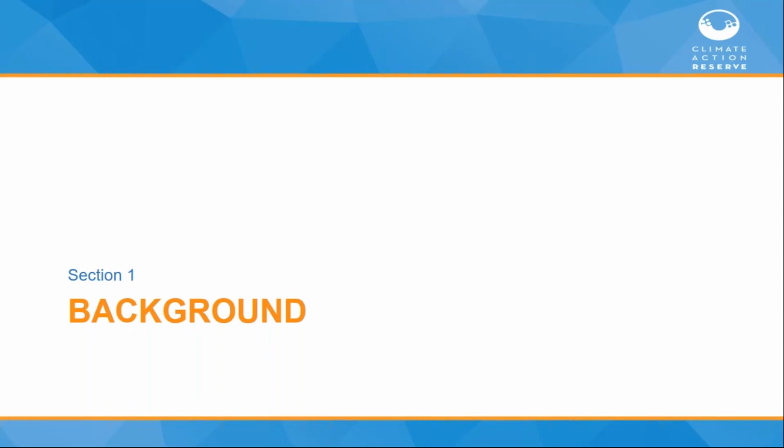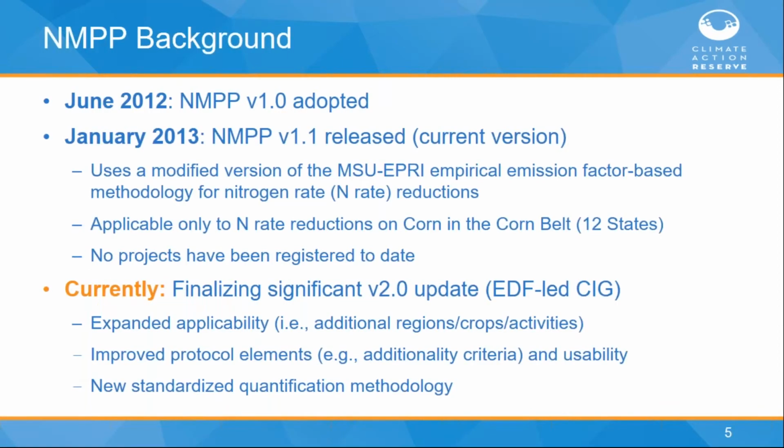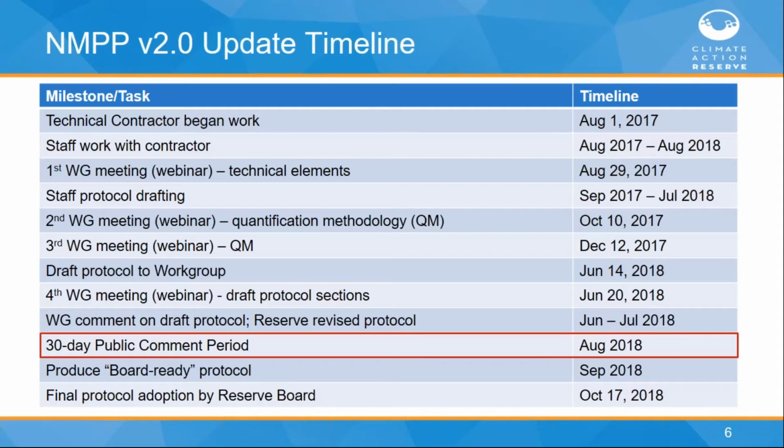To dive into the background, as I was saying earlier, but you couldn't see, the protocol was first adopted back in June 2012, version 1.0, and then 1.1 was released shortly thereafter in January 2013.